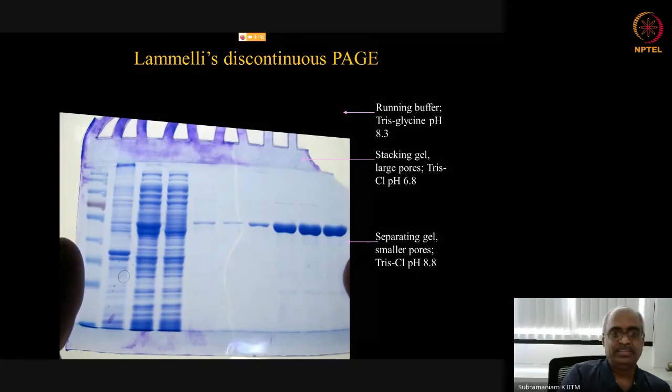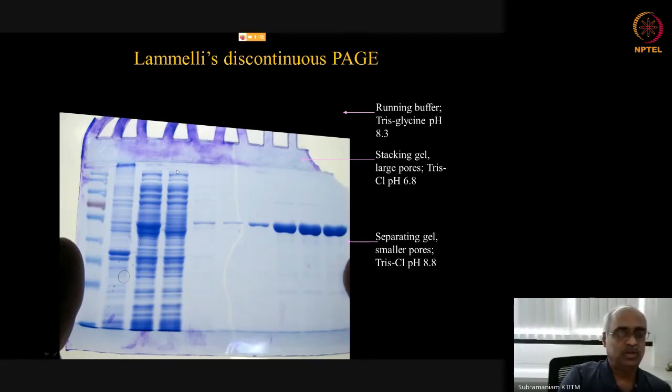So with these two modifications, we get a separation like this. Okay. I hope you have understood this concept quite clearly. This is very important because this will keep reappearing in biochemistry or in doing experiments in multiple contexts. So therefore, pay attention to remembering the basic chemistry behind SDS-PAGE.